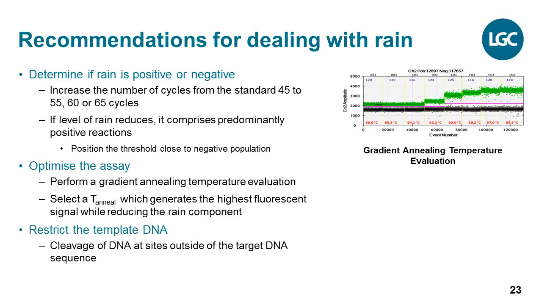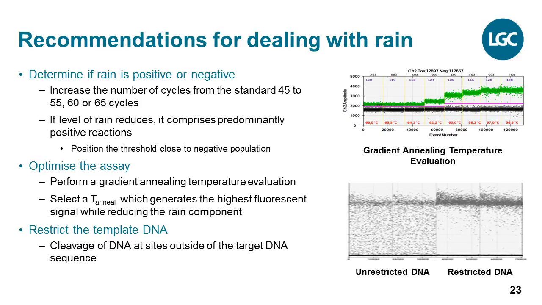A further option that has been reported to help with excessive RAIN is to fragment the DNA using a restriction enzyme that cuts outside of the primer and probe sequences. An example of the results obtained for reducing RAIN by restricting template DNA is shown in the lower figure.